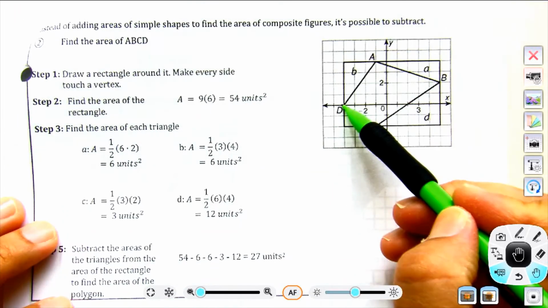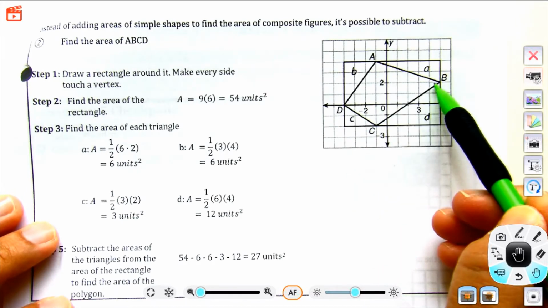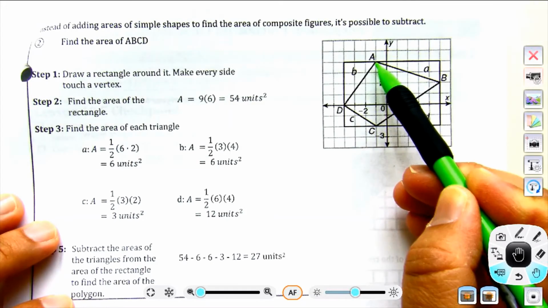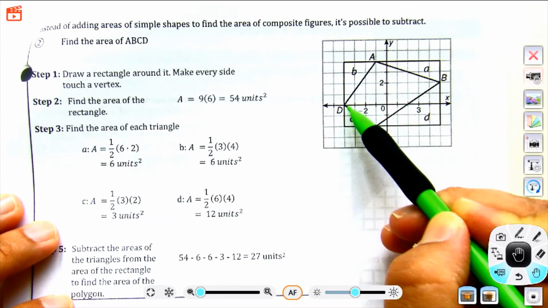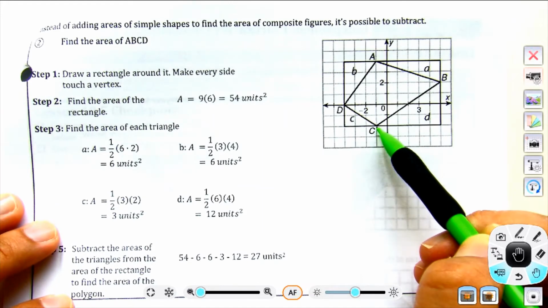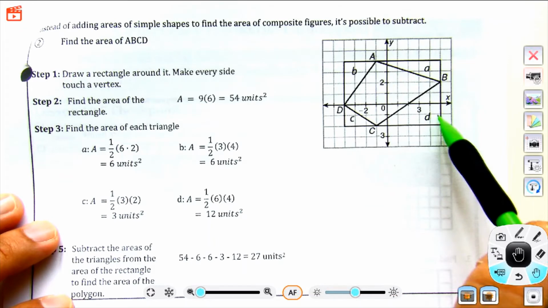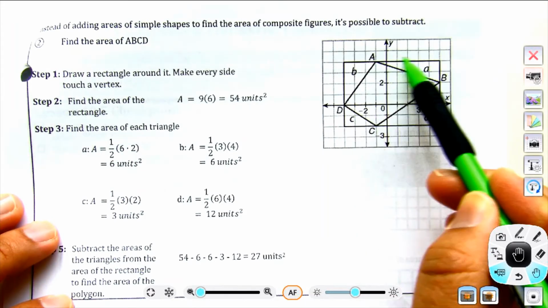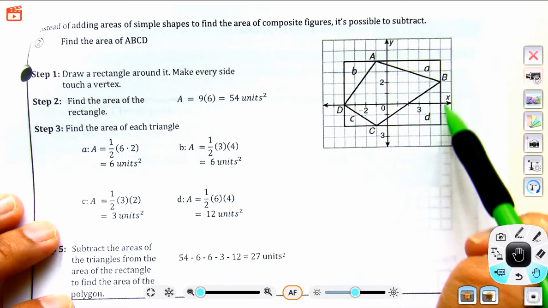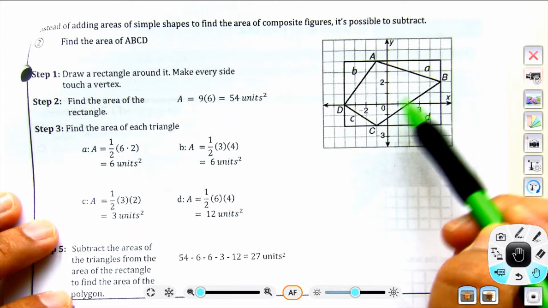What we're going to be doing is using the vertexes, so using the points of the figure that was given, we're going to create a rectangle around this figure. So there's a rectangle around this figure. Creating a rectangle around this figure gives us 4 triangles that we created. So A, B, C, and D.